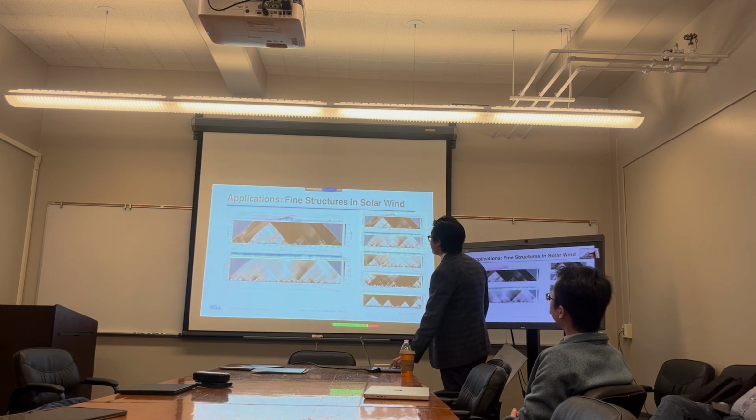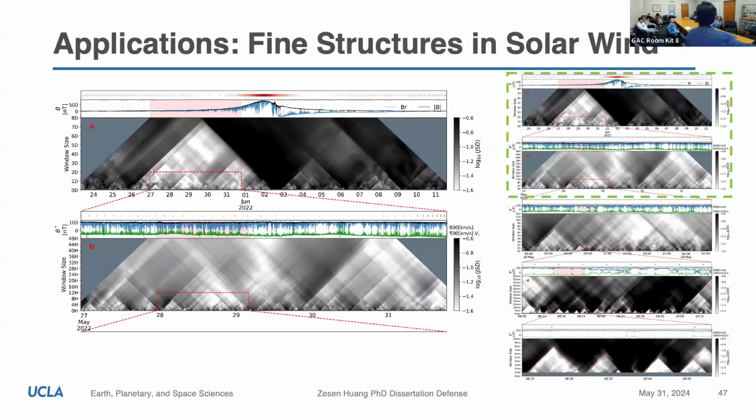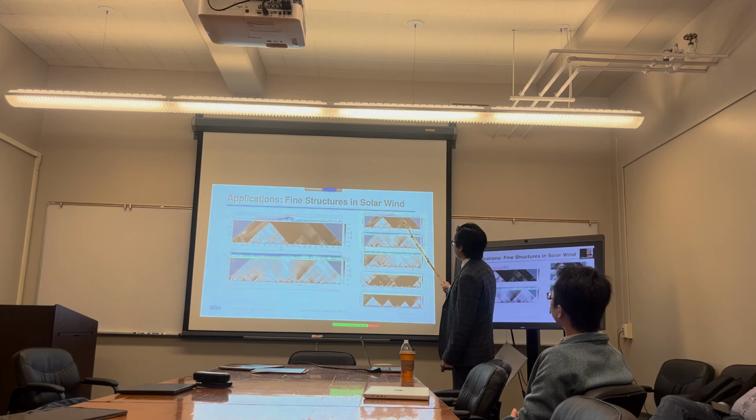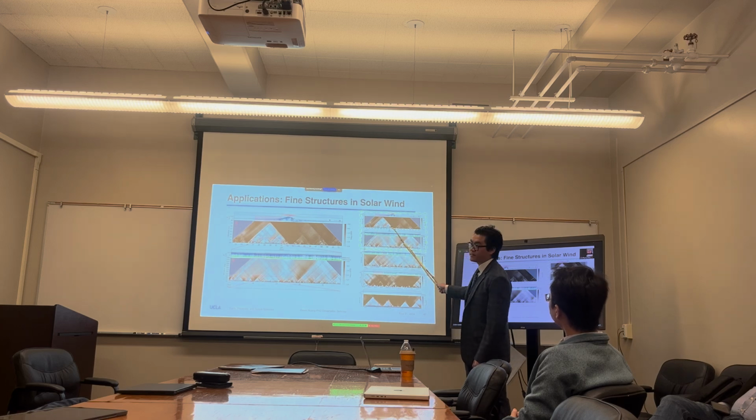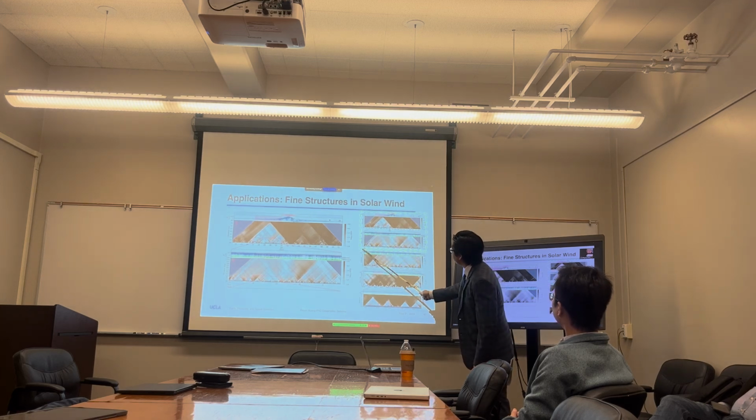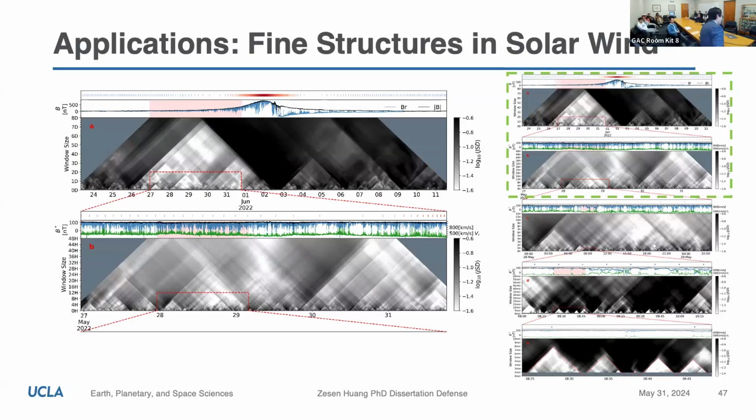And we can apply this method to even smaller scales. This is the Encounter 12 coronal hole that I found earlier. We can find the Gaussianity structures at various different scales. This is a larger scale where you have a coronal hole here, and going smaller, from 0 to 48 hours, you see a lot of structures.